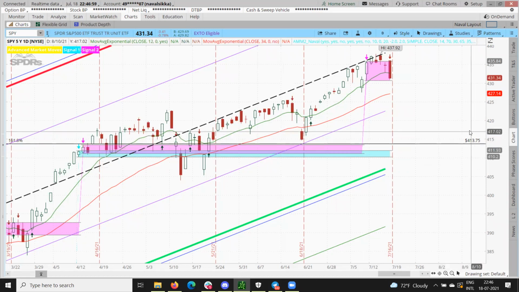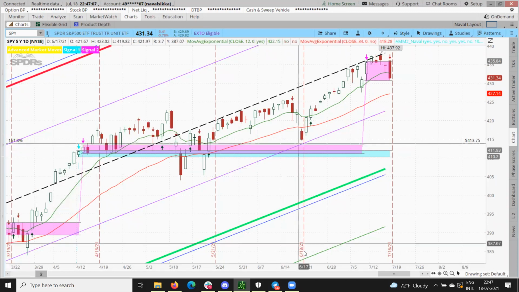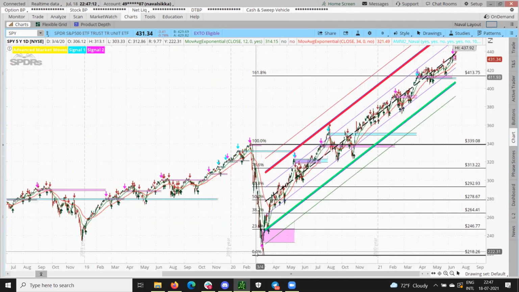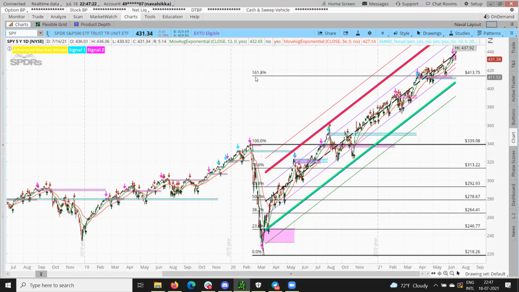You will find that there was a good amount of support at this region. And this was the Fibonacci retracement of 161. So each Fibonacci level has certain percentages associated to it. It starts from 0, 23.6, 38.2, 50, 61.8, 78, 100, and it goes on. It follows the Fibonacci pattern.